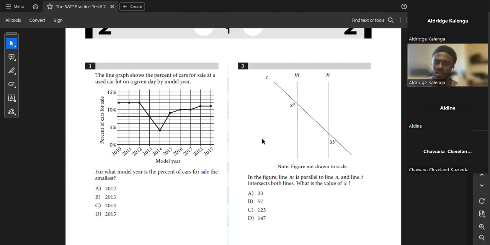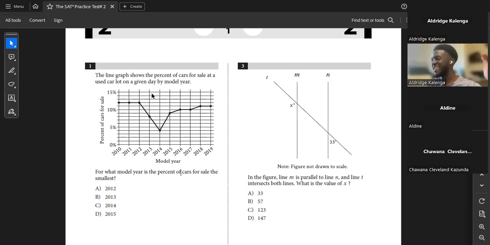Question 3. In the figure above, line M, which is this one, is parallel to line N, which is this one, and line T intersects M and N at this point. What is the value of X? Choice D. Let's see, 180 minus. Choice D, sir. Yeah, I agree.